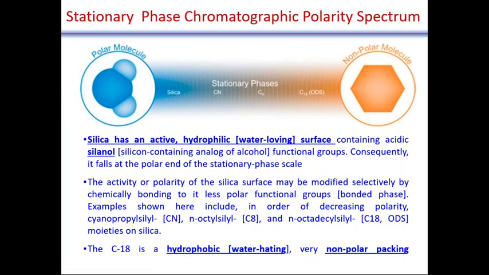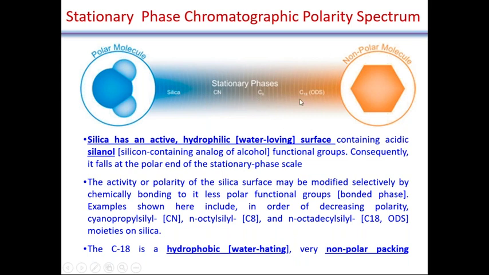Now, we also need to know and understand the polarity of the stationary phase. As we said, you have two types of stationary phases. One is the bonded stationary phases, which have C18 or C8.